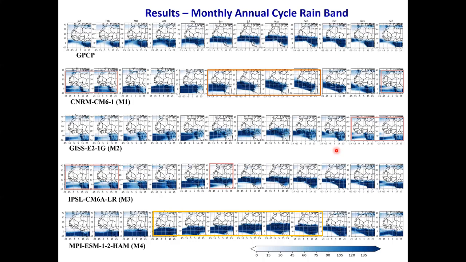So you construct a cumulative distribution function. You add up all the rainfall on the grids together, and then you say the highest rainfall within the region is, let's say, 100 millimeters for a particular month.